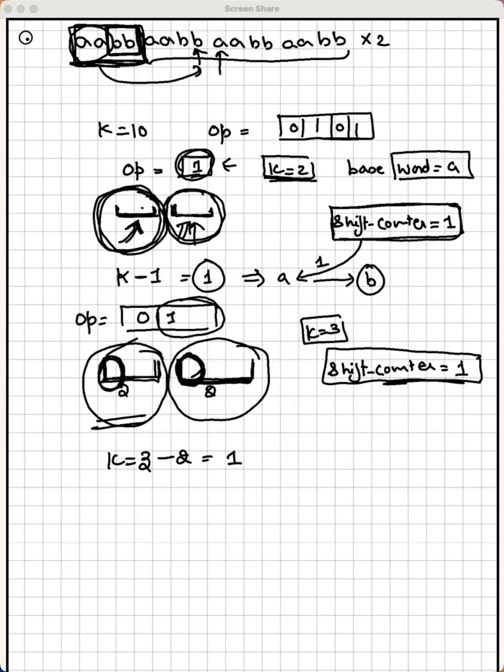And the first element, after shifting, got to some result. And that is what I have to return. So now that I have processed this, now k becomes equal to 1. And we know when length is 1, there is only one possibility, which is A. And now I have to apply one shift. So that gives me B. So this is the logic that we're going to implement.